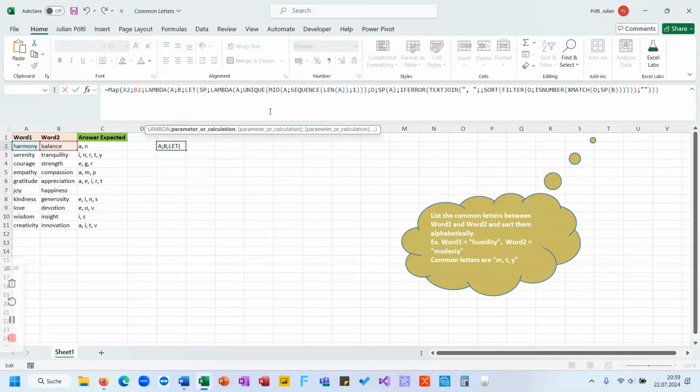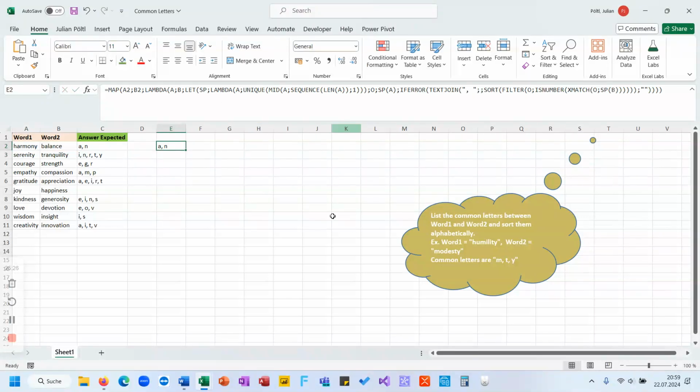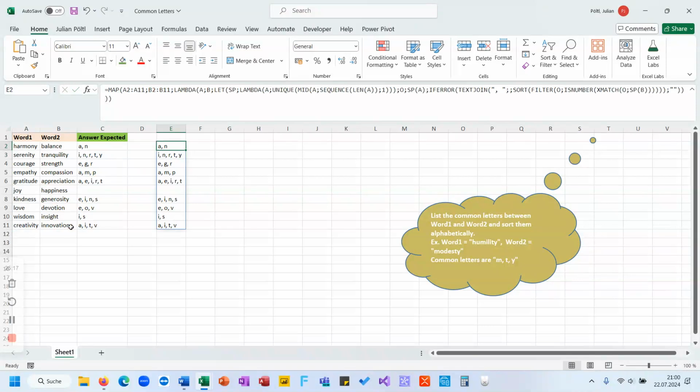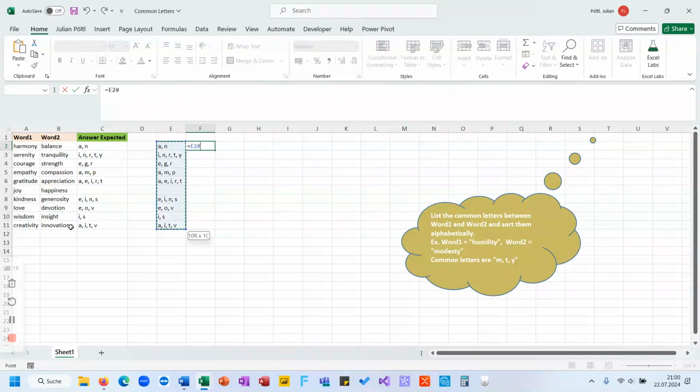Sorry for that. To map those against, to hand over those values to the lambda to use it afterwards. I need to have it for the whole array, for the whole range, and as you can see, the result is the same.